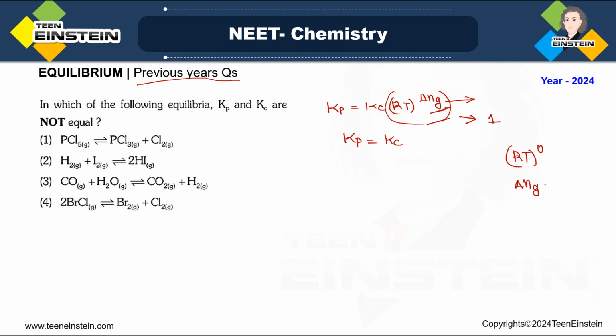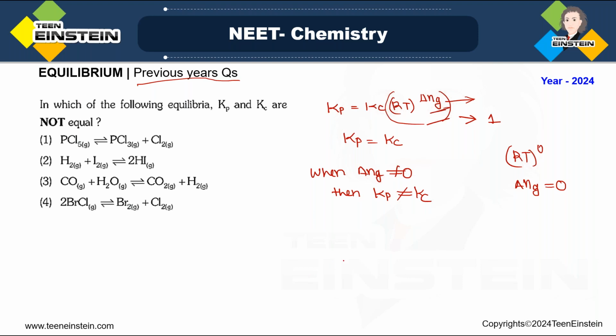Del Ng must be equal to 0. Then only Kp should be equal to Kc. So here we have to check in which case del Ng is equal to 0. When del Ng is not equal to 0, then only we can say that Kp is not equal to Kc. But if it is 0, then they will be equal.